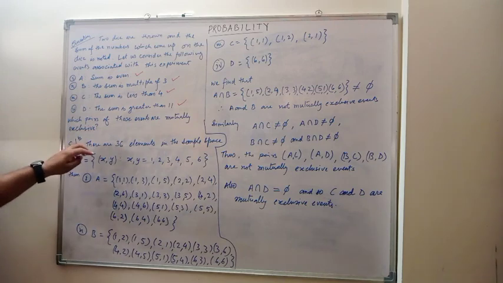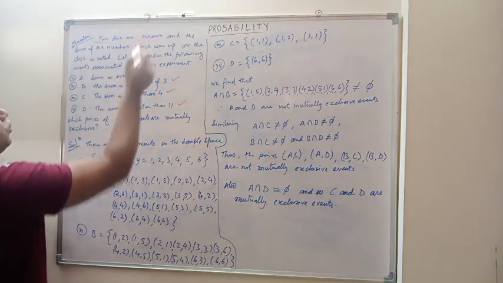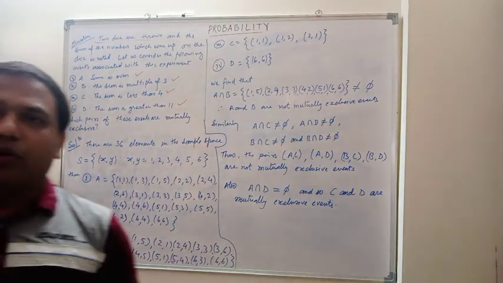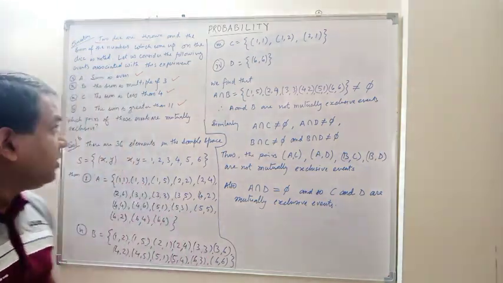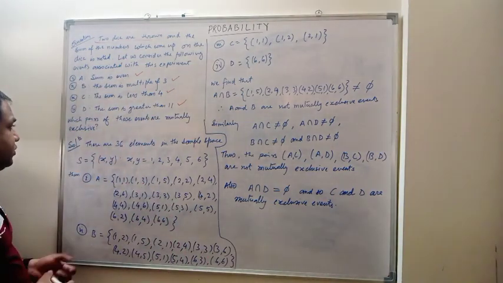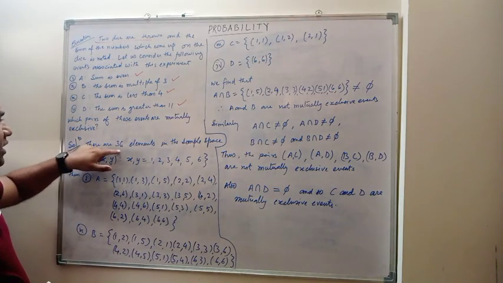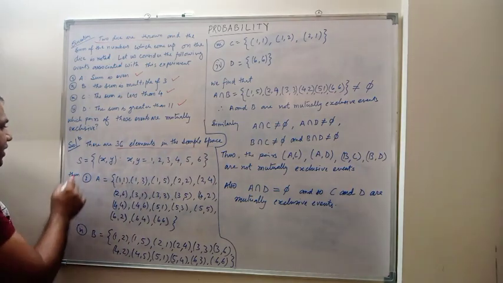Solution says that first of all, there are 2 dice thrown. Therefore first of all we'll find out the sample space of that experiment. In the sample space we have 36 elements, and it can be given as this.